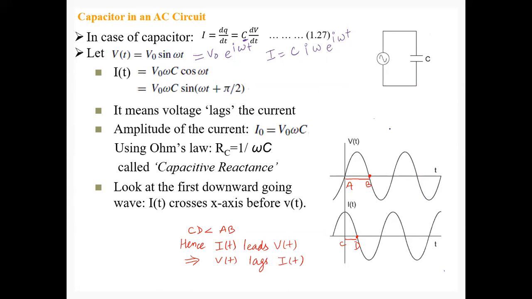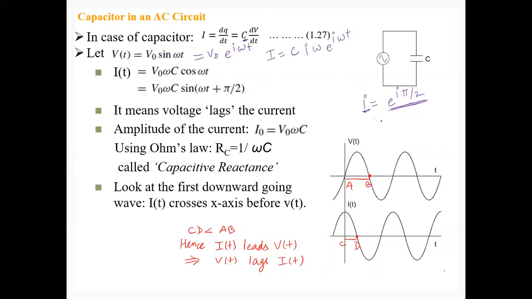Okay. So you know what? I can write this i as e to the i pi over 2. My i is e to the i pi over 2.